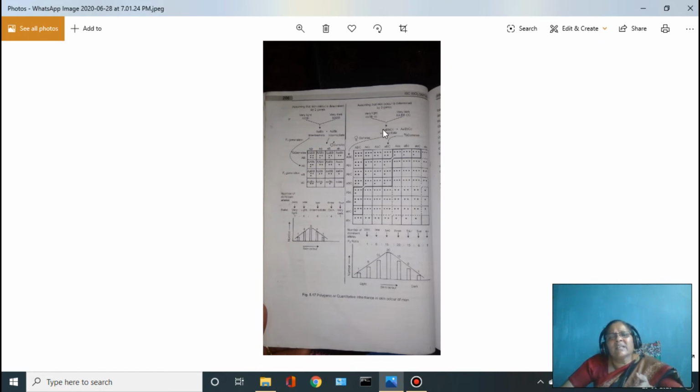And when this F1 is inbred to raise the F2, 8 different combinations of gametes are there, giving 64 total progenies.